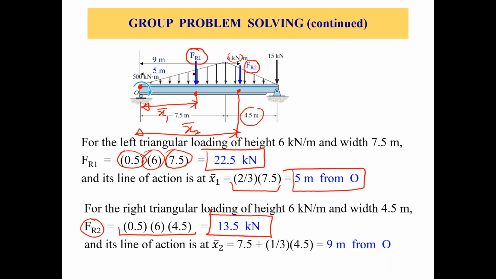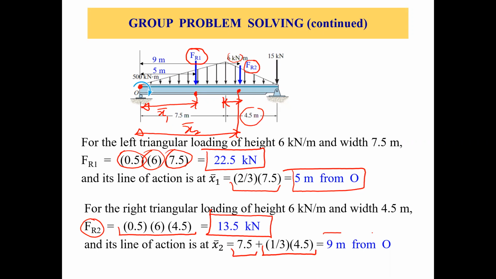Again, let's take everything from point O. X2 bar, we know that the location from this point is 1/3 of the base. So 1/3 of 4.5 meters, and as we are talking about point O, we need to add 7.5 meters.